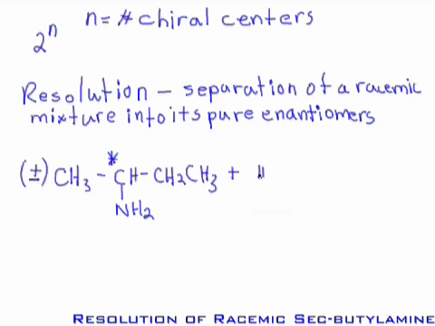So I'm going to have HO2C, CHOH. Now remember with tartaric acid there were 4 stereoisomers, but one was a meso form, so that reduces it to 3 stereoisomers.